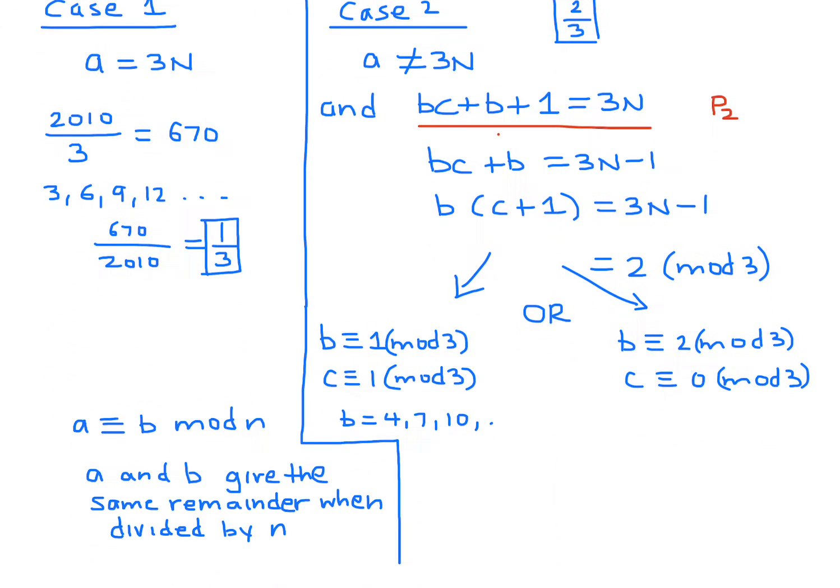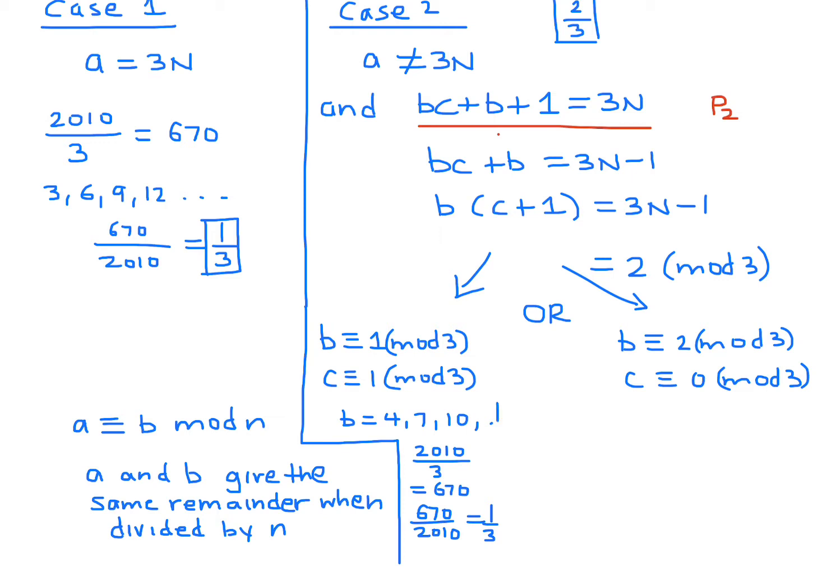So 2010 divided by 3, which is 670, that's how many numbers will be of this form, 4, 7, 10. So in terms of a probability, it's 670 over 2010, which is a third. Probability of this happening is a third.